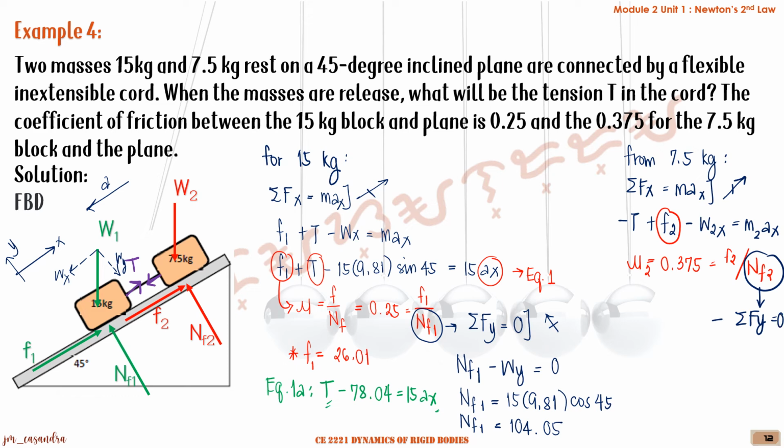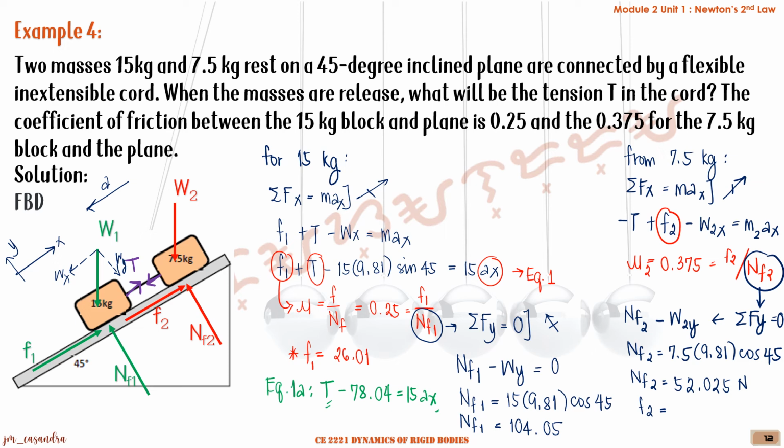So, we'll have NF2 minus W2y, or NF2 is equal to 7.5 times 9.81 cosine of 45, or NF2 is equal to, we get 52.025 newtons.